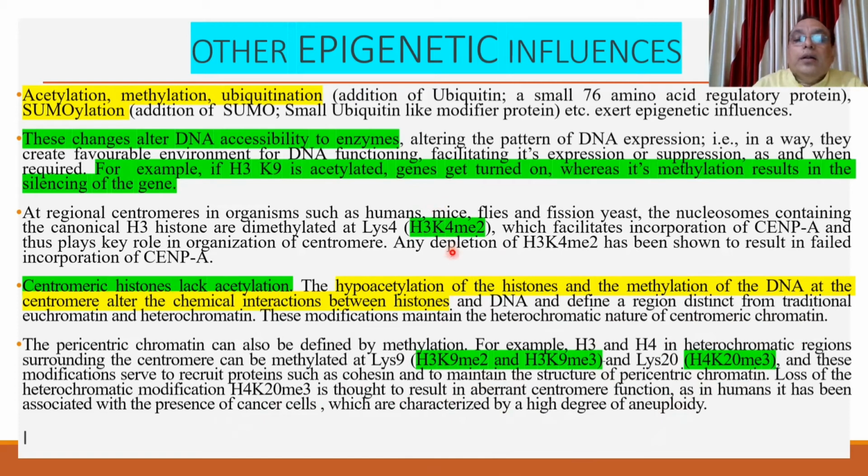So here you have one epigenetic factor of paramount importance, that was CENPA, but you see here that methylation will also facilitate the entry of CENPA, that is, methylation will create a favorable environment for the entry of CENPA at the centromeric stretch of DNA, and that's why this methylation will ultimately create a favorable environment for the formation of the centromere.